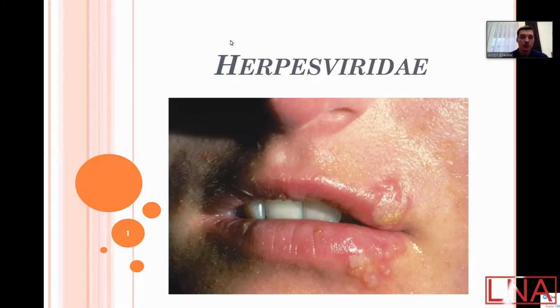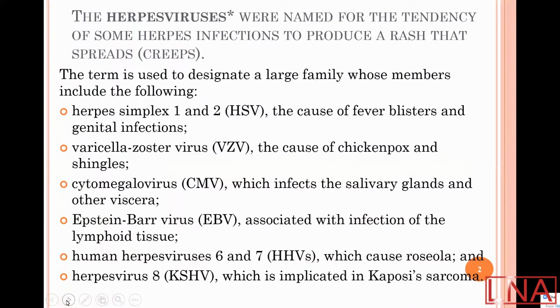And first of all, of course, I will start with the Herpesviruses family, and I will tell you about just a couple of herpes viruses. All herpes viruses can be divided into mainly 8 members, which include first and second herpes simplex virus, which cause fever blisters and genital infections.